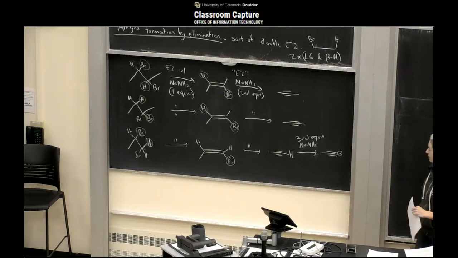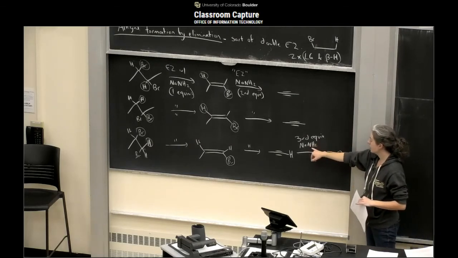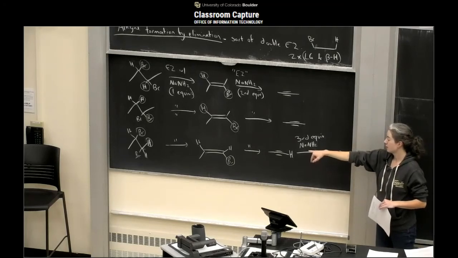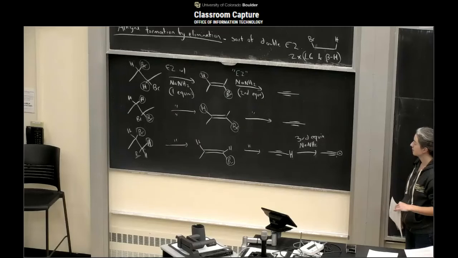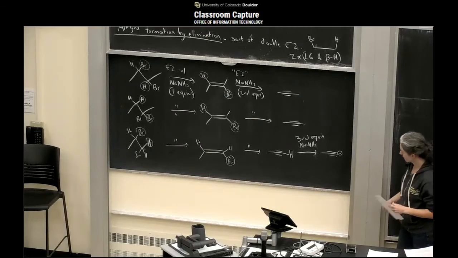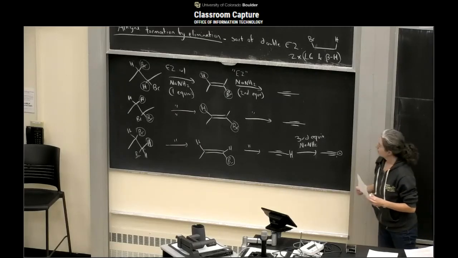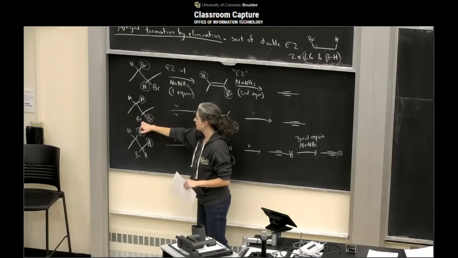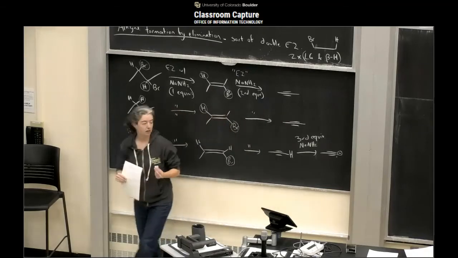And if we try to limit this by throttling down how much NaNH2 there is in the reaction, we're not going to stop this. We're just going to stop some other molecules from actually entering the reaction sequence in the first place. Okay, so this is actually going to be a potential side reaction for this one, because here you could do the elimination out to the end, get the terminal alkyne by mistake.